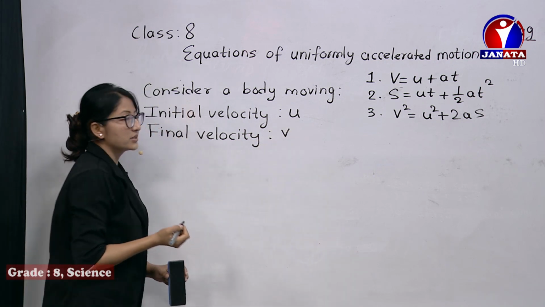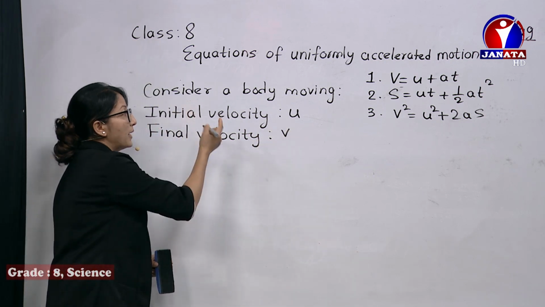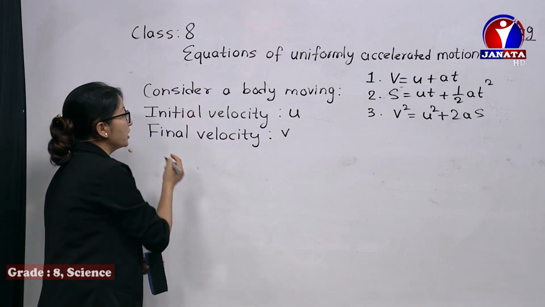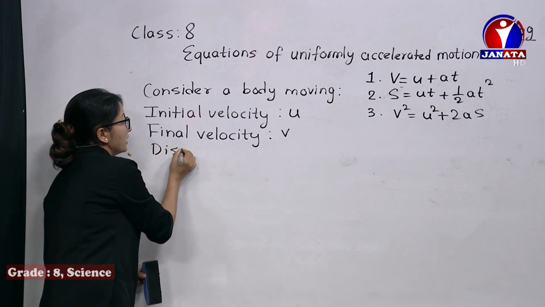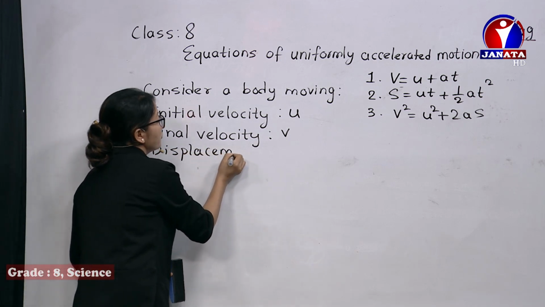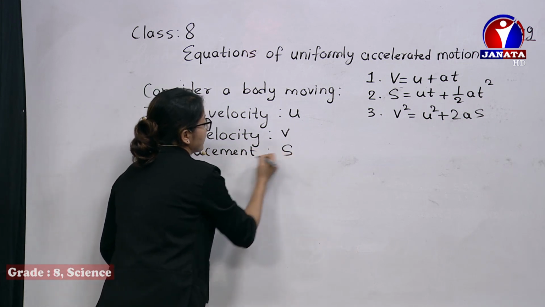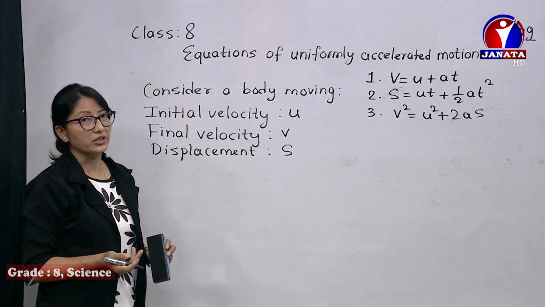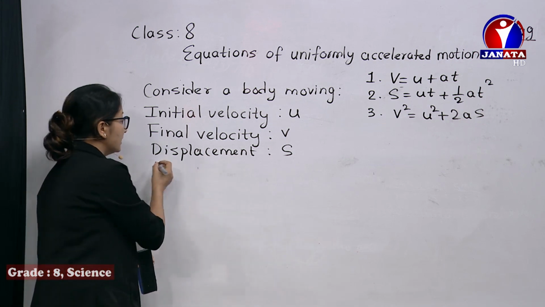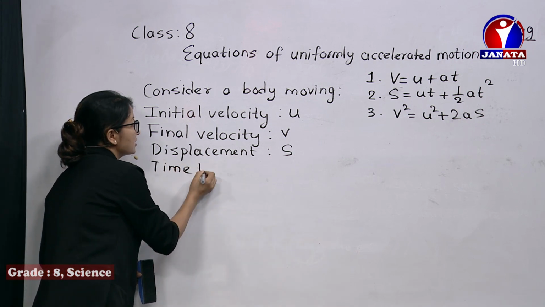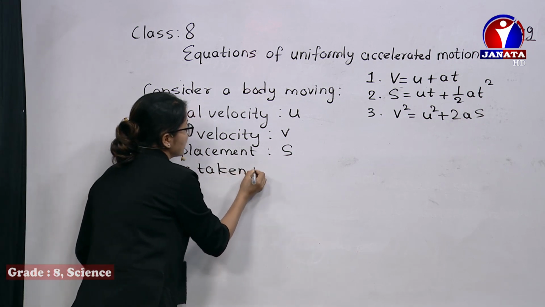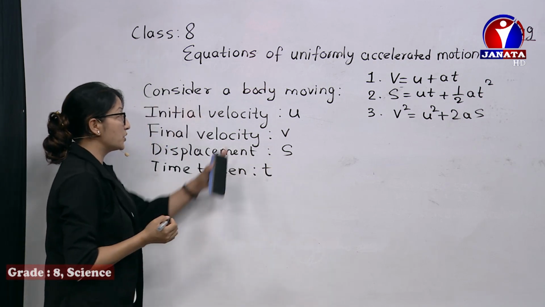Suppose its final velocity is V, and by the time it moved, it covered a displacement of S. And the time taken to cover the displacement, let's denote it by T. There is a change of velocity.